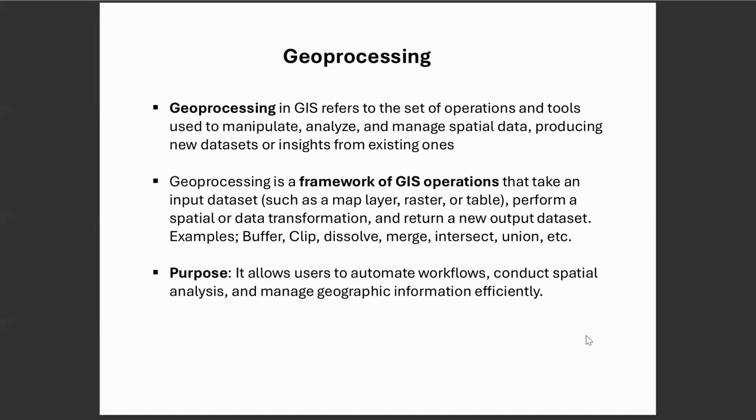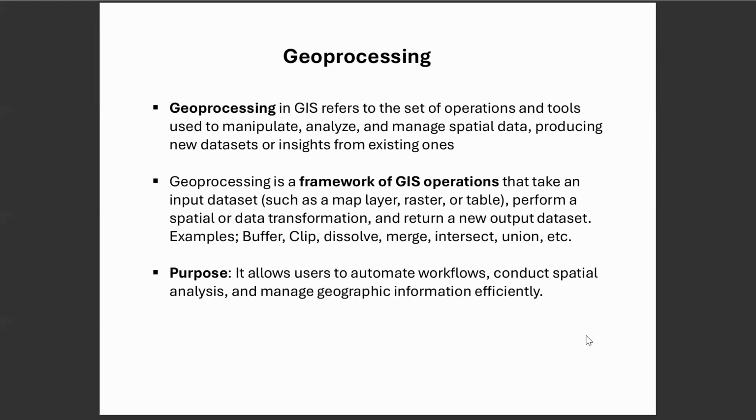It can also help us to analyze data in any format of our choice, and it also helps us to manage spatial data. When you undertake spatial analysis or try to manage spatial data using geoprocessing tools, at the end, it returns a new data set to you, apart from the main layer.